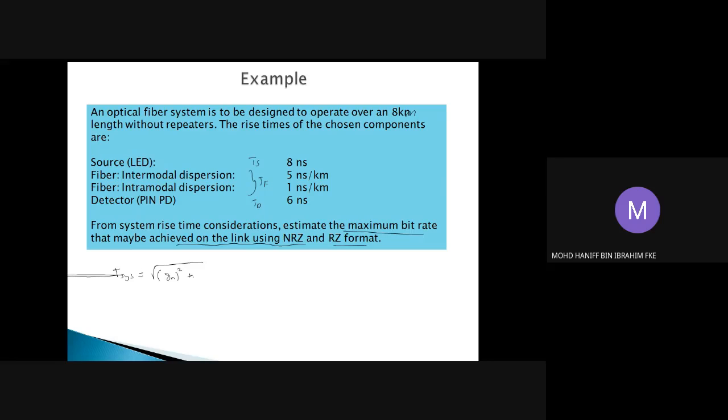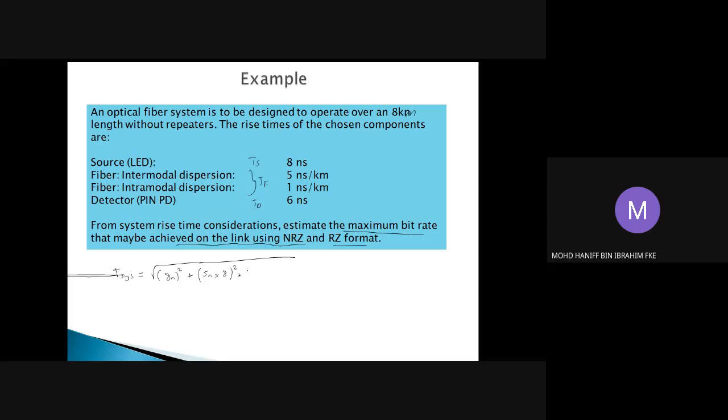We have two dispersions there. For the intermodal dispersion, we have 5 nanoseconds per kilometer, multiplied by the length of 8 kilometers, squared.